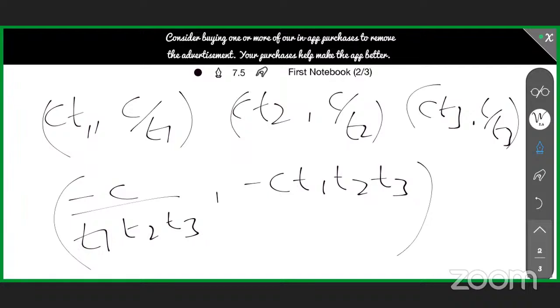So if my vertices of triangle are given as ct1, c by t1, ct2, c by t2, ct3, c by t3, then the orthocenter H is given by minus c by t1 into t2 into t3, comma, minus c into t1 into t2 into t3.